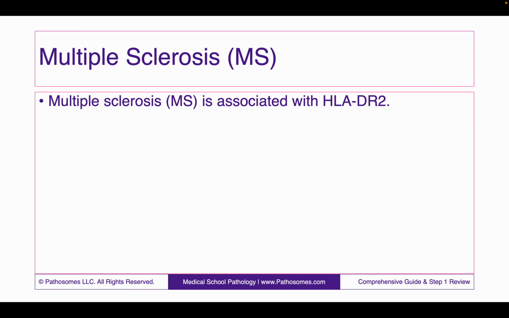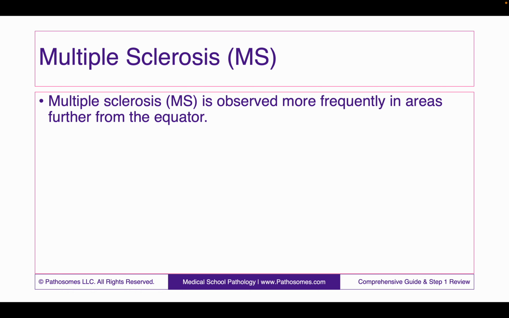Remember, multiple sclerosis is associated with HLA-DR2. That's HLA-DR2 for multiple sclerosis. Highly likely that you will see that. And for some reason, multiple sclerosis is observed more frequently in areas further away from the equator.